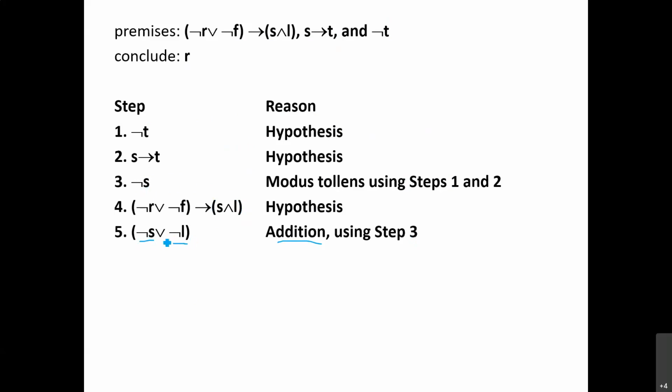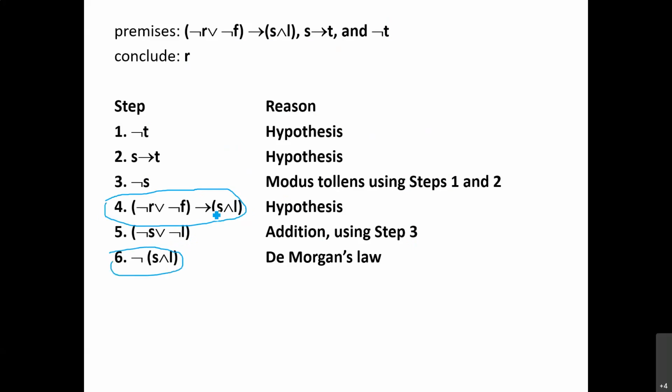Since not S is true, if you OR it with anything, it's also going to be true. De Morgan's, so now we have this and this. So this is false, just like we did with S implies T. That means this part has to be also false.